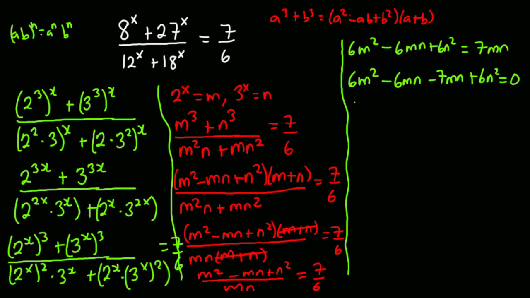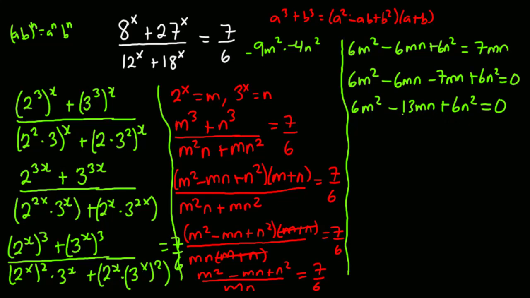And so this gives 6m squared minus 13mn plus 6n squared is equal to 0.